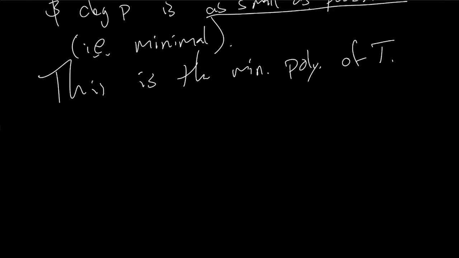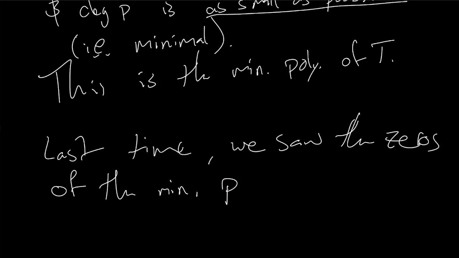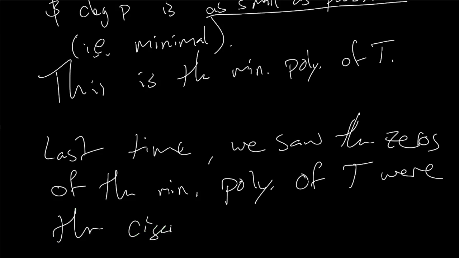Last time we saw some cool stuff. We saw the zeros of the min polynomial of T were the eigenvalues of T, potentially repeated up to their multiplicity.